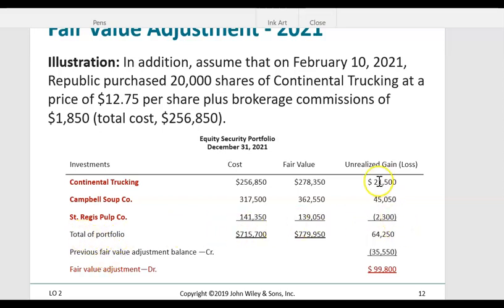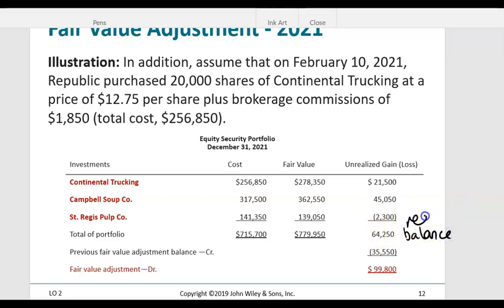So we're shown here the initial costs of all of our investments. We're given the fair values, and we're also shown those differences between fair value minus cost as an unrealized gain, or if in parentheses, an unrealized loss. We previously booked the $35,550 as a credit to the fair value adjustment account, and that helps us determine if we want our total fair value account to have a balance.